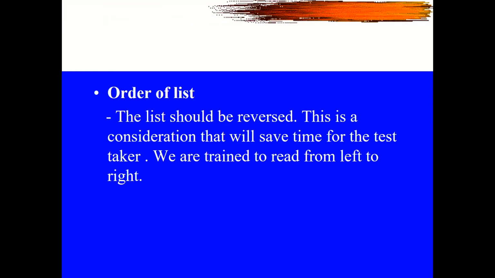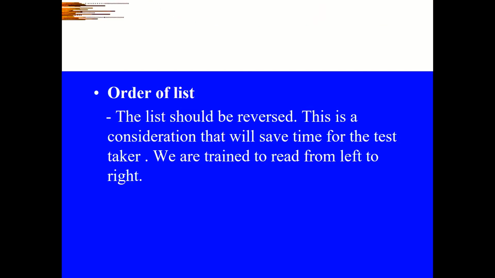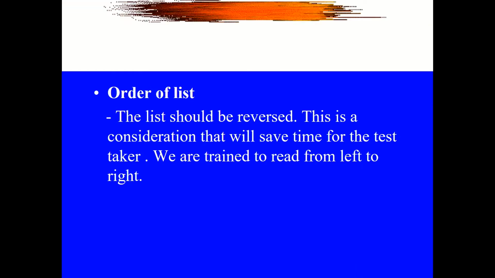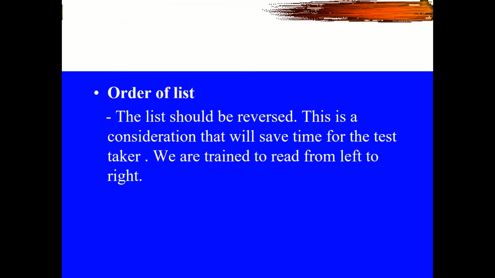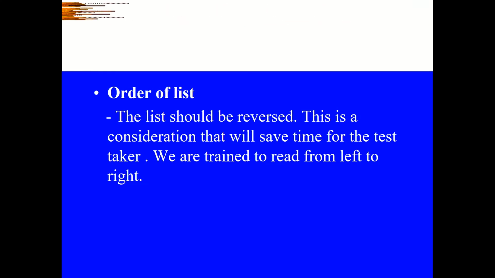Then order of the list. So longer statements should be placed at the right side, not at the left. The reason behind this is that we read from left to right. So it is also a convenience for the test taker.